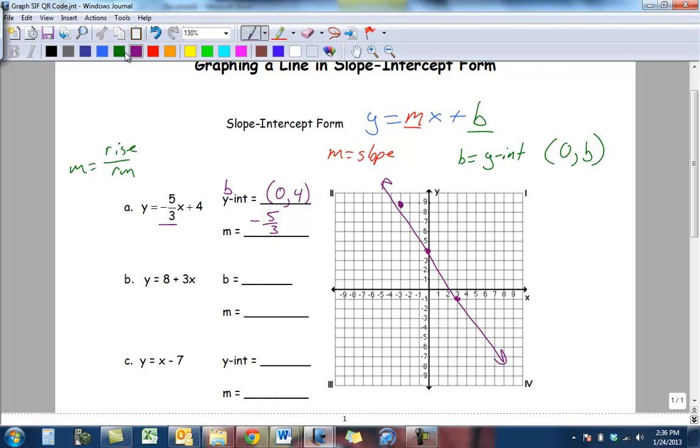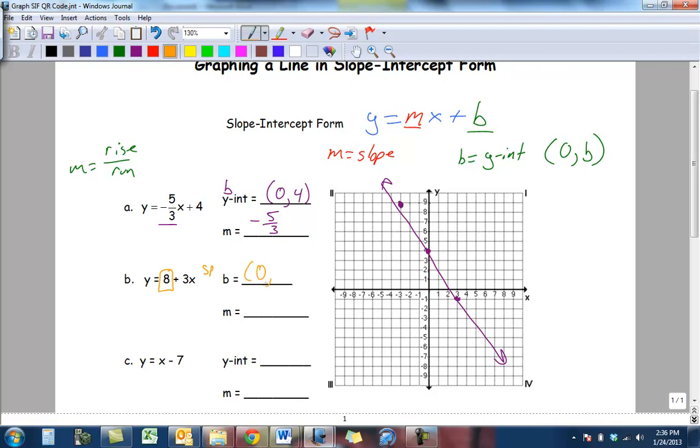All right, let's do another example here. y is equal to 8 plus 3x. Now, first thing we're asked for is b, the y-intercept. Just because it's not strictly in y equals mx plus b form, b is the constant. It's the number by itself, oftentimes called the starting point.